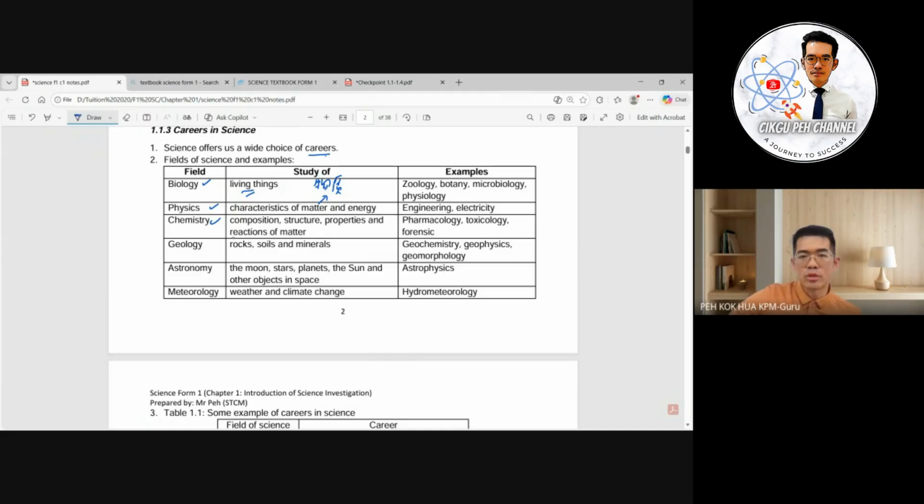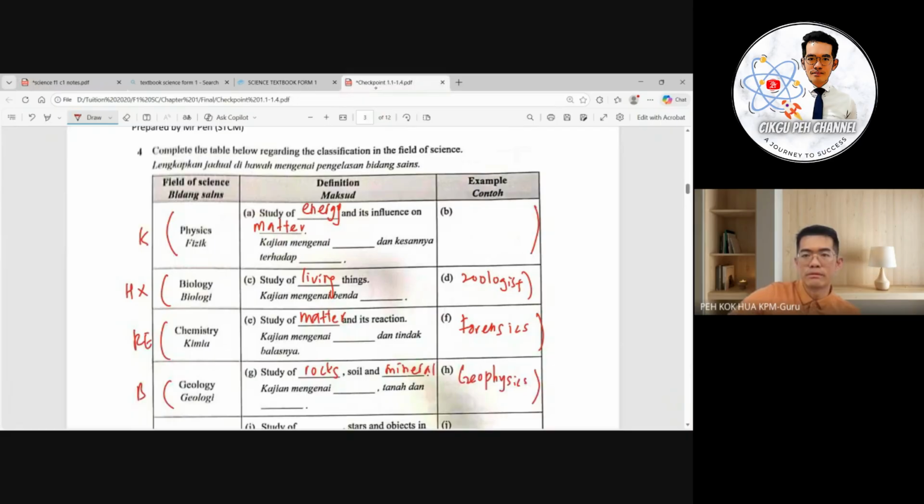Then I just choose one of the fields. Engineering now is a common field. Engineering, 工程系, as example. So I repeat the answer. Okay, so A, energy, matter. B, engineering. Okay, make sure you get the answer. Then C, biology, study of living things.